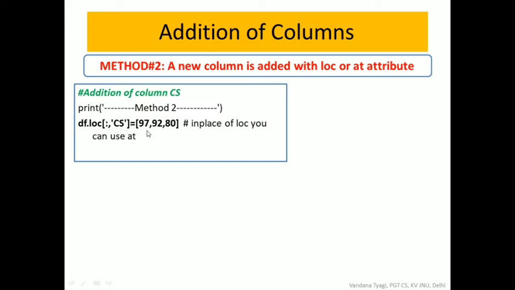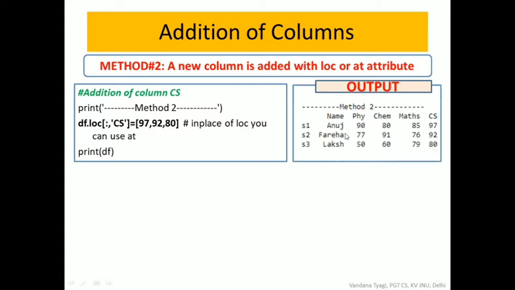CS is the new column name and the values stored are 97, 92, 80. Whenever we print this data frame, if you see, we have already added maths. Now a new column CS is added here with the values 97, 92, 80.